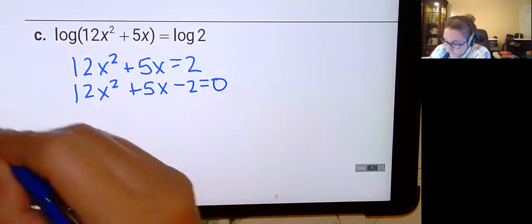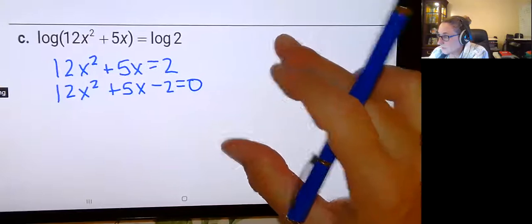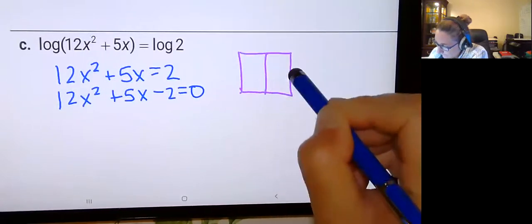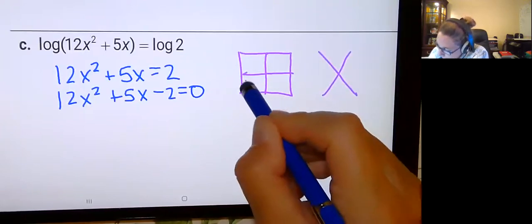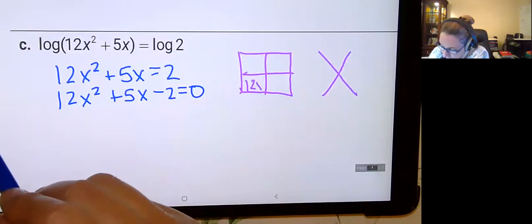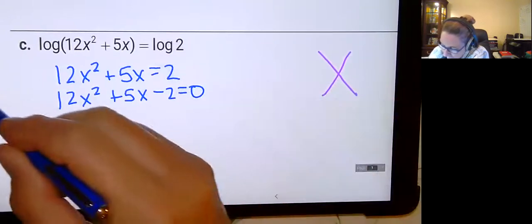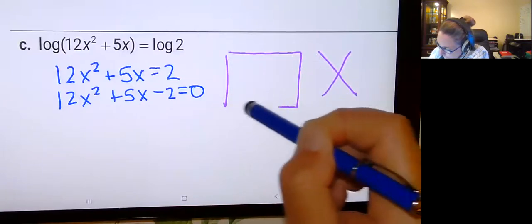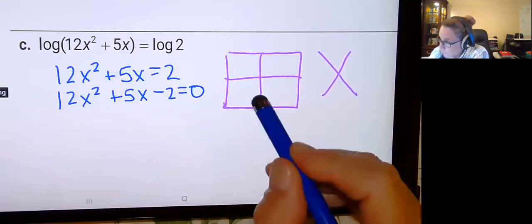And now I'm going to factor this. So I'm going to do a box to diamond. And I'm going to have 12x, I'm going to make this a little bigger, and write it in black so I can see it.